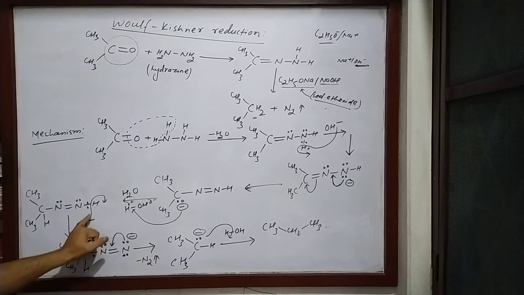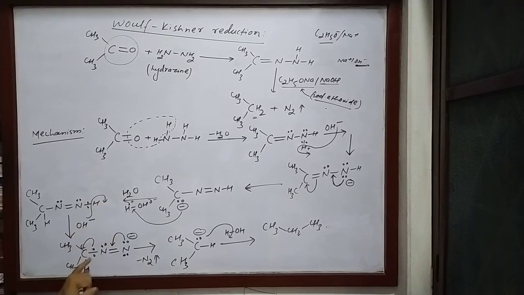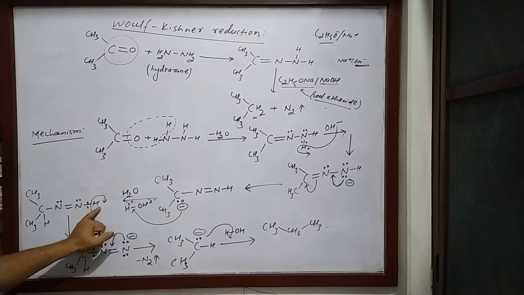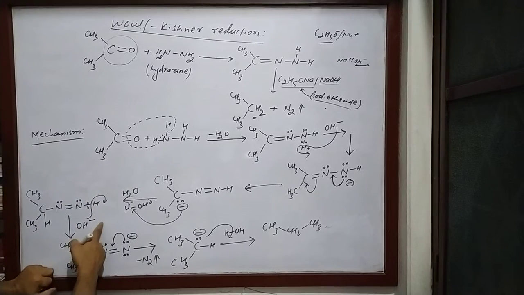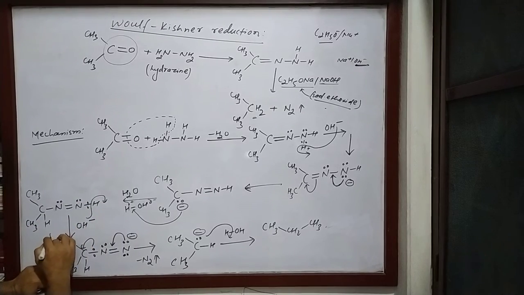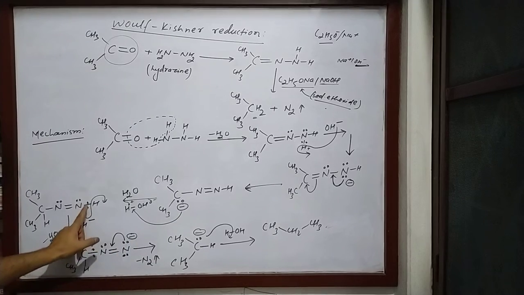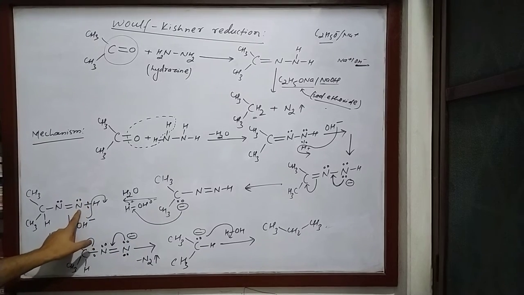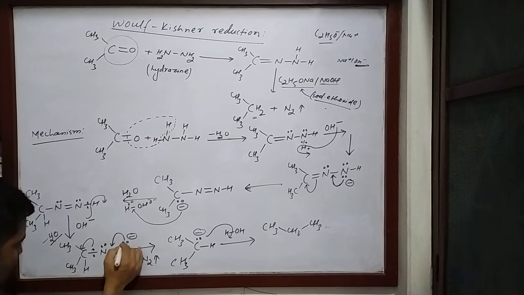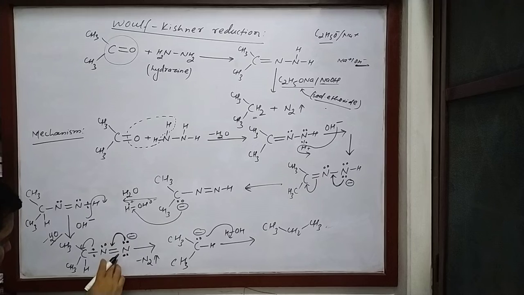When the OH- combines with this H+, it gives the byproduct water molecule, and a negative charge forms on nitrogen due to the shifting of the lone pair of electrons towards nitrogen. Again this negative charge, the lone pair, shifts between the nitrogens to form a triple bond, and at the same time the carbon-nitrogen bond dissociates and the pair of electrons shifts towards the carbon.